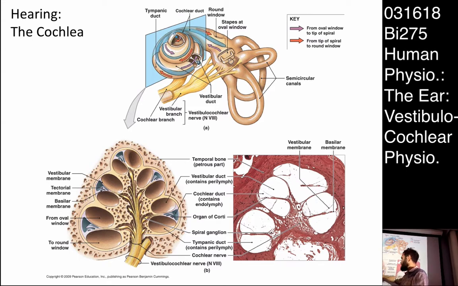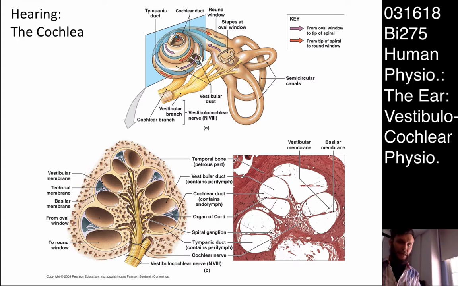So if you were a teeny tiny little person, you could stand on this and walk all the way around and then get to the top, and it would spiral back down and you'd come to the other. You could begin at the round window in the middle ear and continue through the tympanic duct all the way down to the oval window at the vestibular duct.